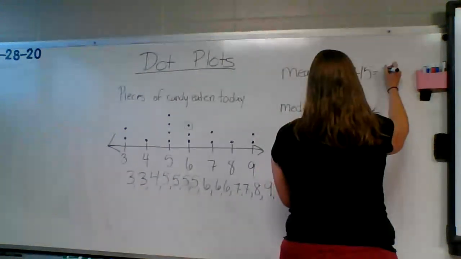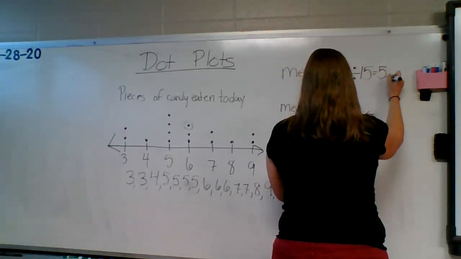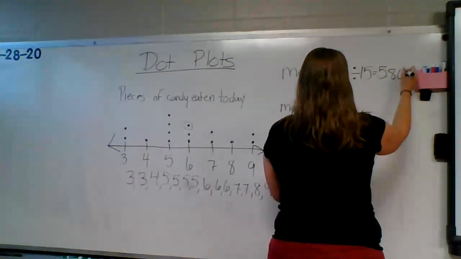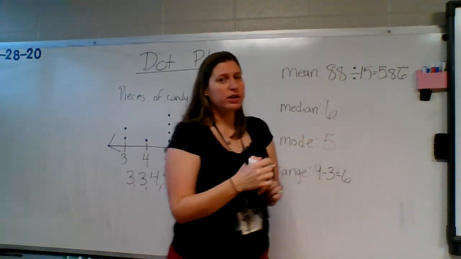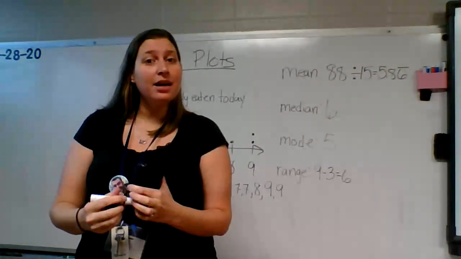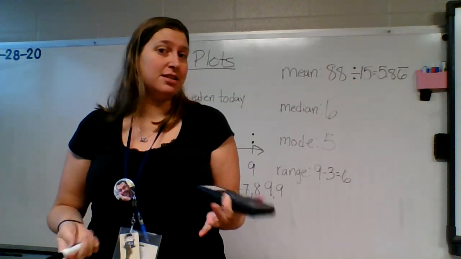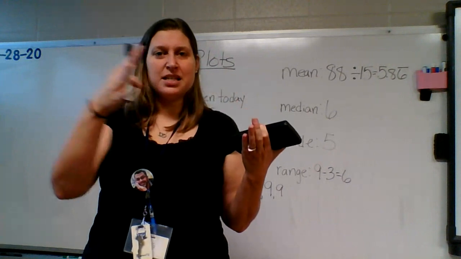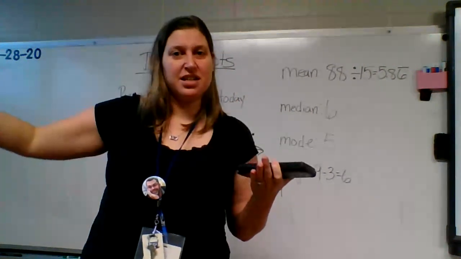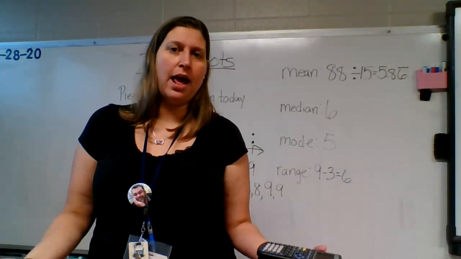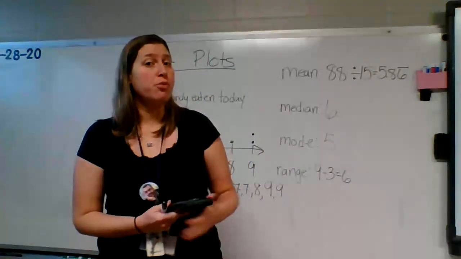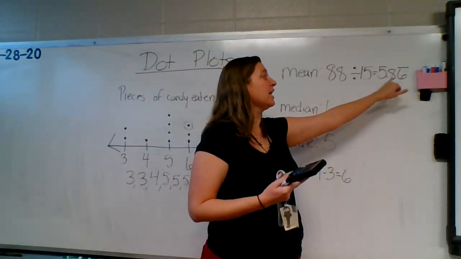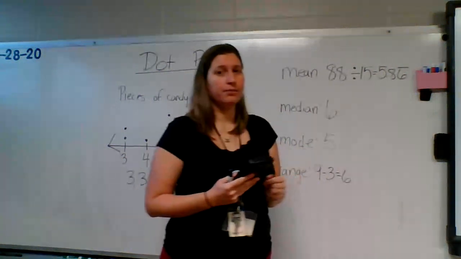And I get a repeating decimal, and it's 5 and 86 hundredths with a 6 repeating. Your calculator is going to round it to a 7 at the end. It's just because your calculator has to end at some point. So it does round, but if it shows 6s all the way across and the last number is a 7, it's just because your calculator had to end it. So it rounded, but it is a repeating decimal. So it's 5 and 86 hundredths with the 6 repeating.